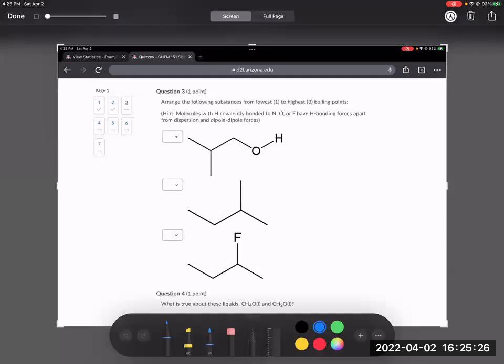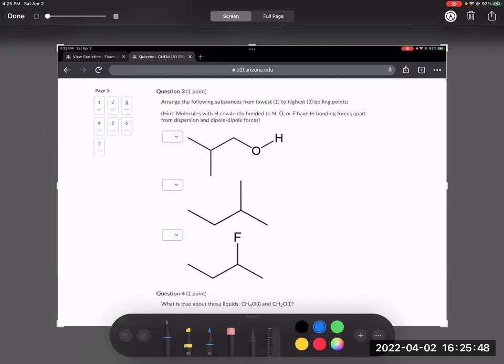Now, when it comes to all these molecules, they have more or less the same size, and even if you count the electrons, I would say that they have a similar number of electrons as well. Now, here's the thing.